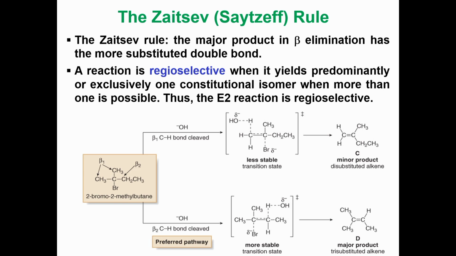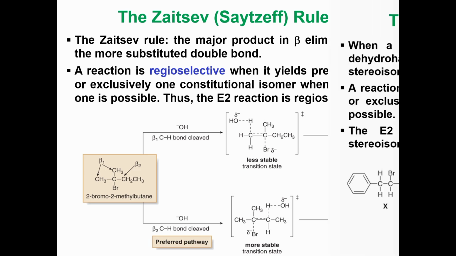Remember, we'll talk about substitution. When a compound has more than one beta carbon, that compound is going to form two isomers, and the most stable isomer is the more substituted and is the one that is isolated. That is termed the major product.